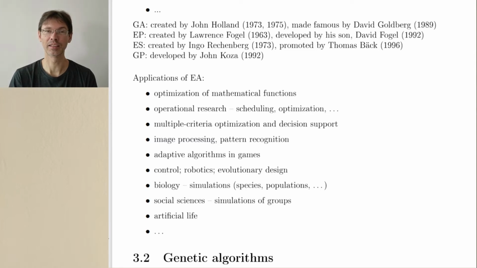In every other algorithm we talked about so far, we only had a single solution at a time. In local search, simulated annealing, tabu search, we only were thinking about a single solution at a time. Now we have a set of solutions at a time. So we are somehow processing a set of solutions, just like in nature we have a population of creatures. So this is one hint.